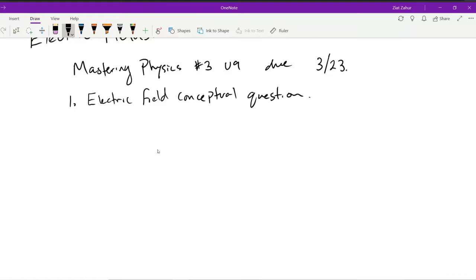Basically, they're giving you charges on a number line, or on the x-axis. There are 2 charges: one is towards the left side in the negative area, and one on the right side in the positive area.